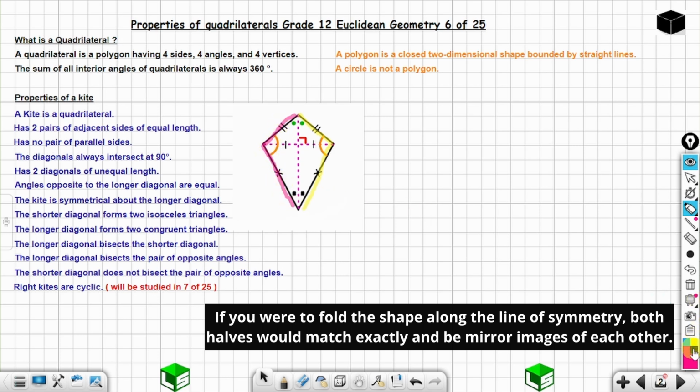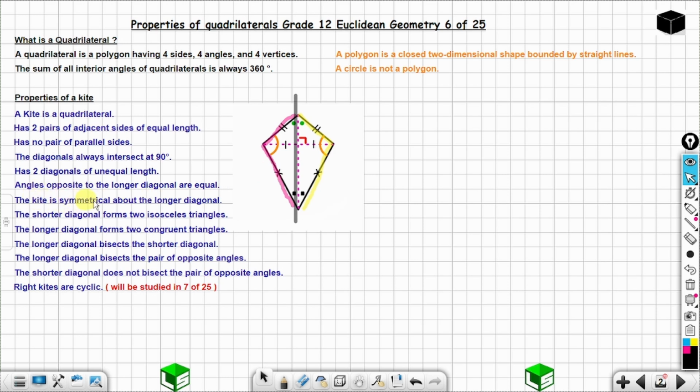Let me show you. So this line is the line of symmetry. You can say the longer diagonal is the line of symmetry of the kite.